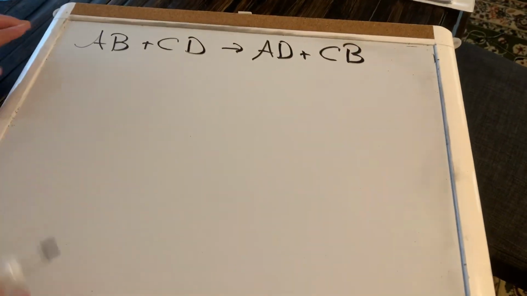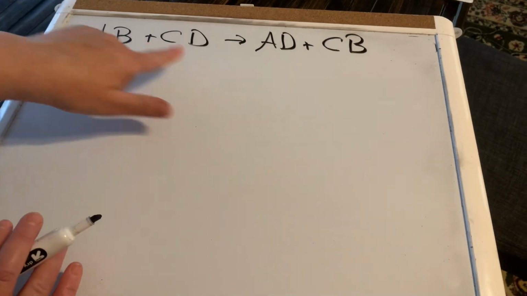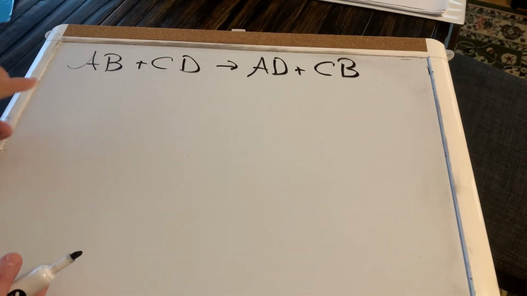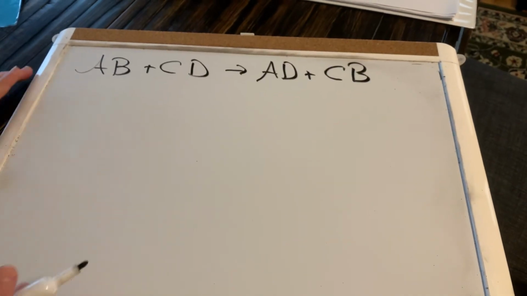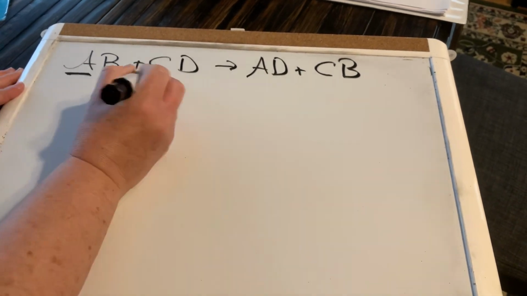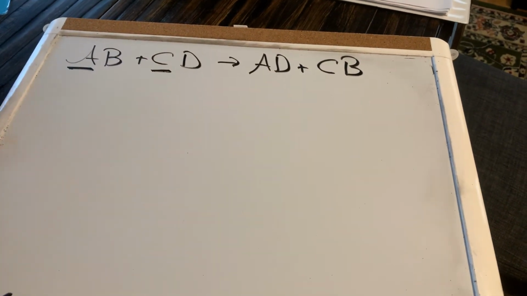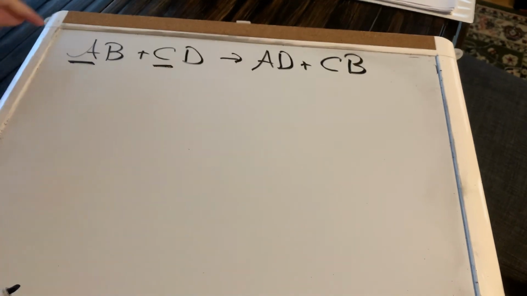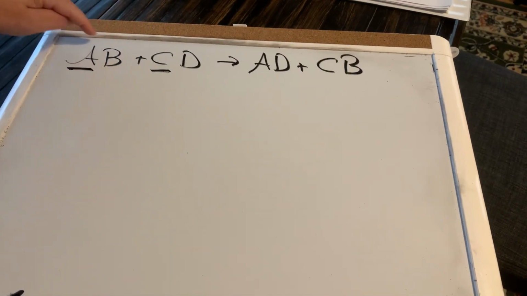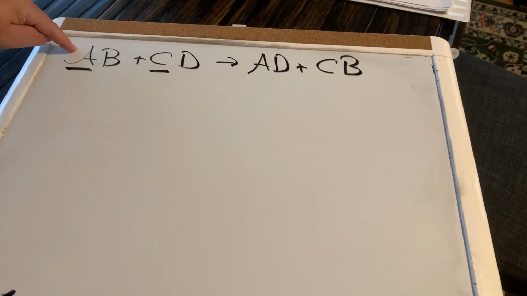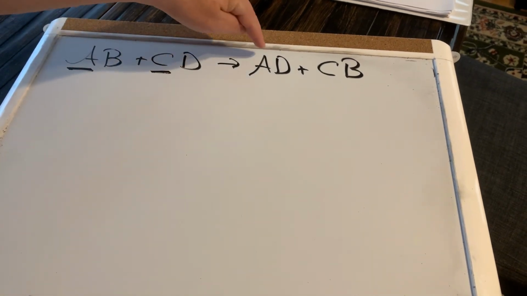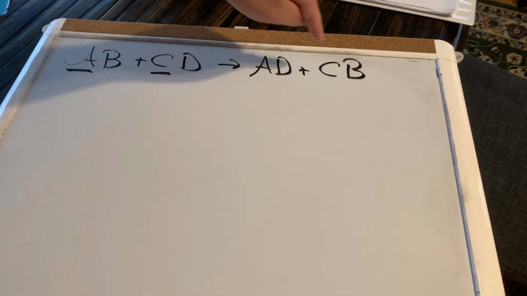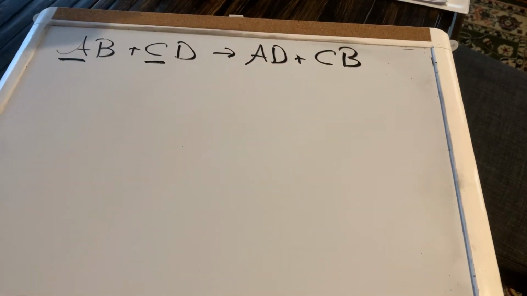Okay, so let's start with this. We switched places, right? We want to think about this for a minute. A is positive, C is positive. We know that because they come first. Whatever comes first in our formula is always positive, okay? Which means that the A has to be first over here and the C has to be first over here because they're positive, okay?